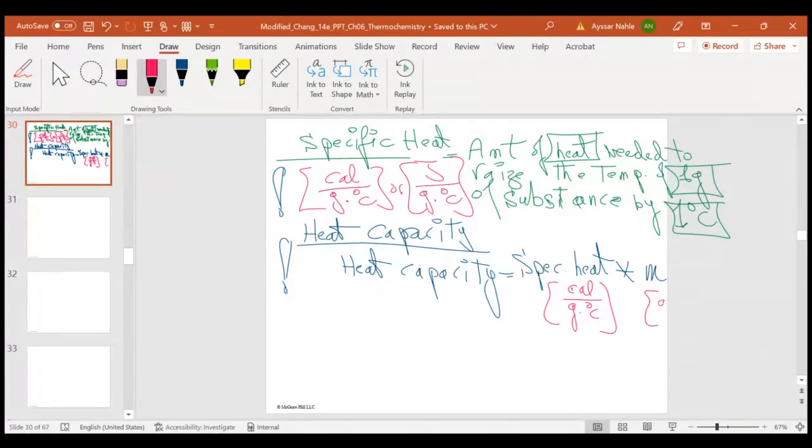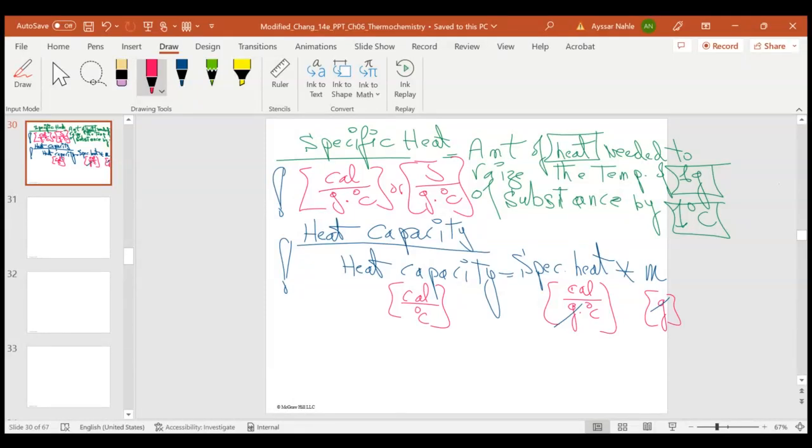The mass is in grams, yeah? Now, when I look here, gram and gram will get cancelled, and eventually, the unit of the heat capacity will be calories per degree Celsius. Is this clear? Yeah? All right? Very simple, okay?